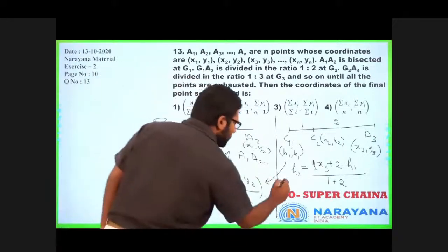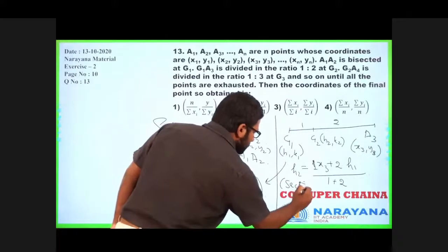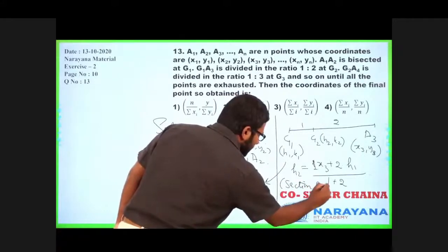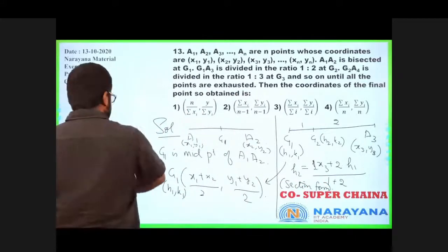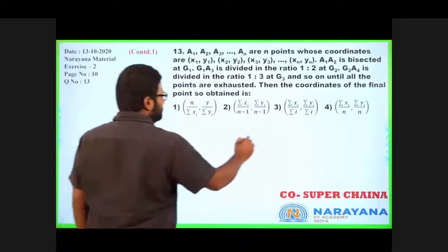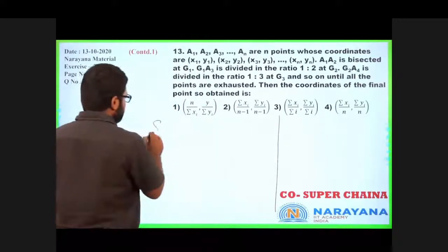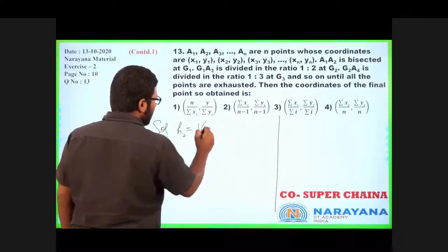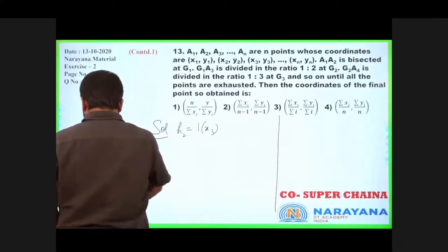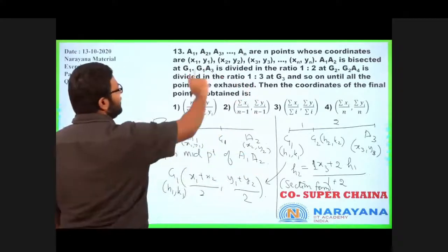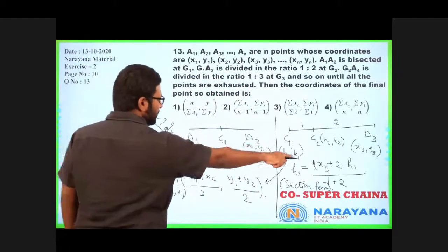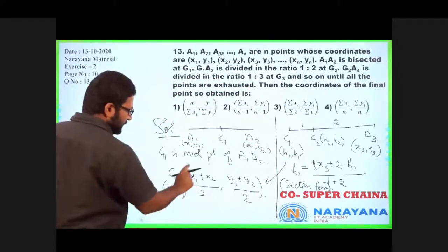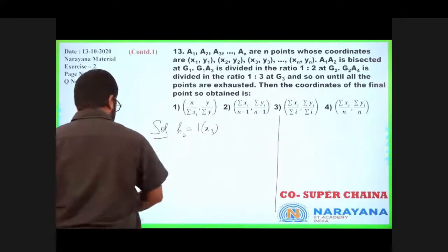Then substitute this. H2 would be 1 into x3. We have to leave it like that because we don't know what x3 is. Plus 2 into H1. What is H1? H1 is x1 plus x2 upon 2.